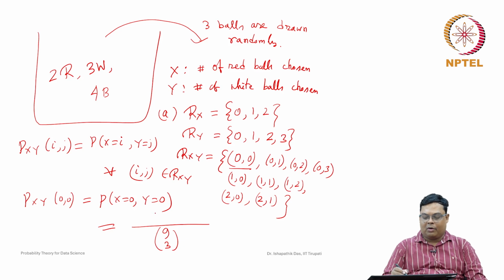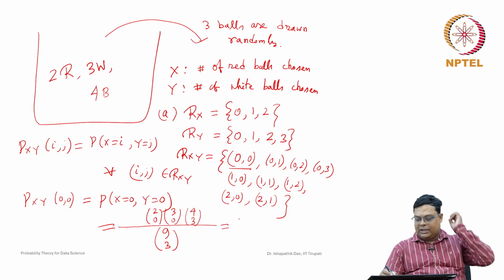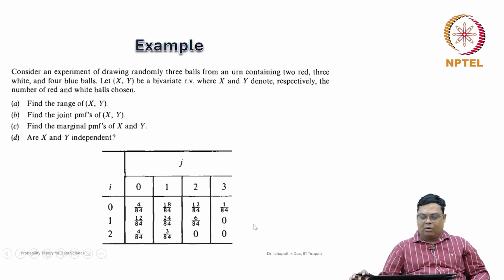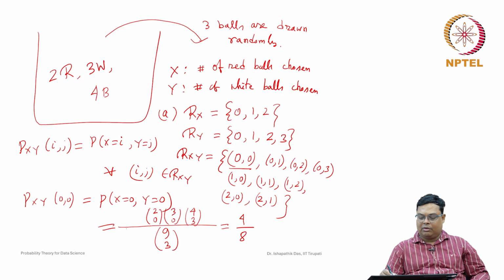From the red balls we are choosing 0, 2C0; from the white balls also choosing 0, 3C0; and from the 4 blue balls we are choosing 3. 4C3 is nothing but 4, and 9C3 we have computed is 84. You can check that 9C3 is 84.